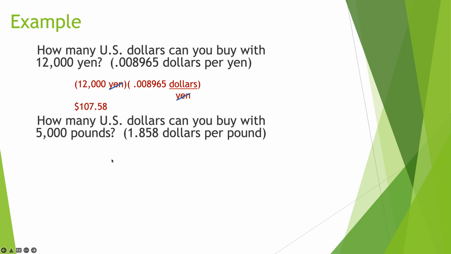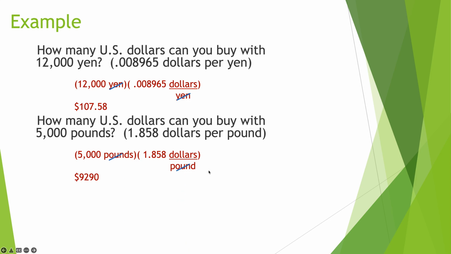Next up. How many US dollars can you buy with 5,000 British pounds? You should go back and look at the previous table if necessary, but I also made it a point to tell you that there's $1.858 per pound. So I have 5,000 pounds I want to convert, and there's $1.858 per pound.